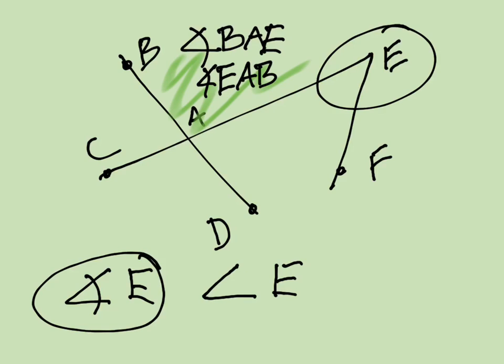If I go angle B, A, E, I get the angle I wanted. Or if I follow in order E, A, B, I get the exact same angle. We need to make sure that A is in the middle, otherwise we won't have that angle named.